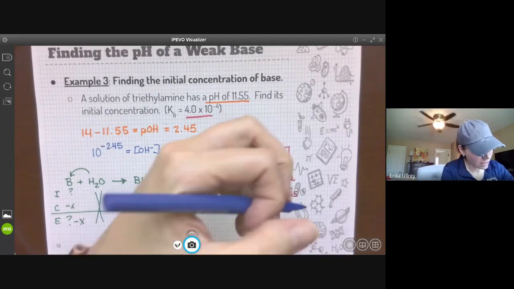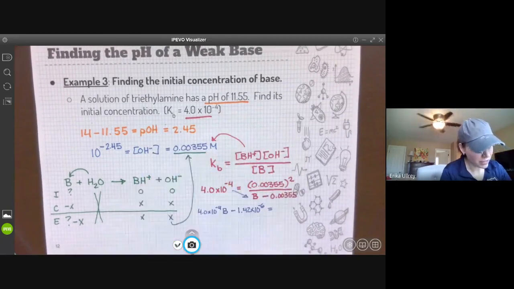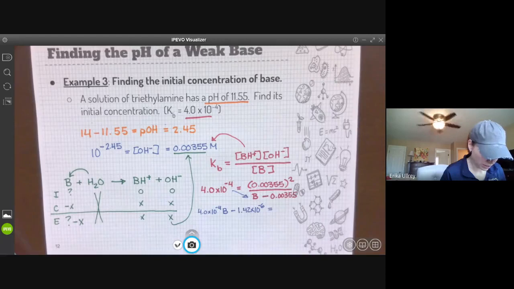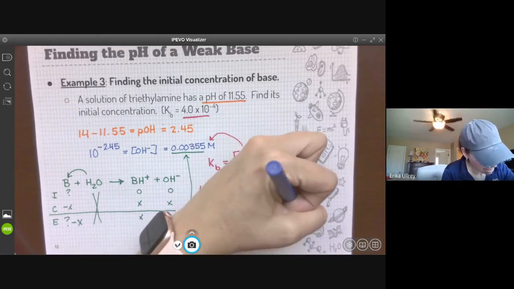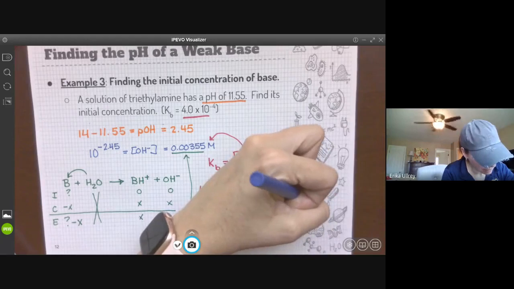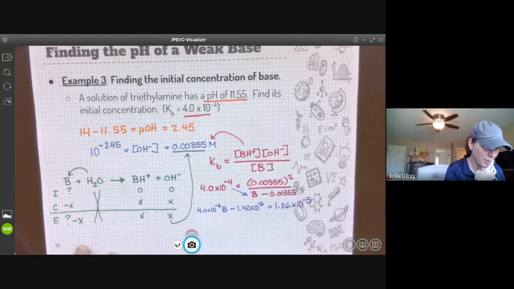And that's going to equal this value squared, which is to the negative 5th there.